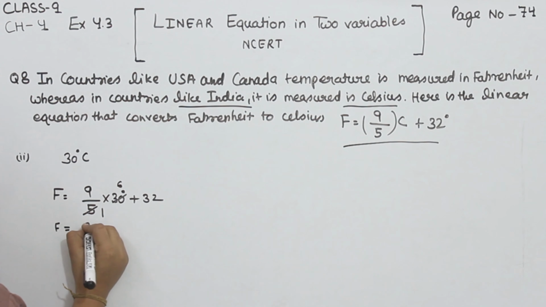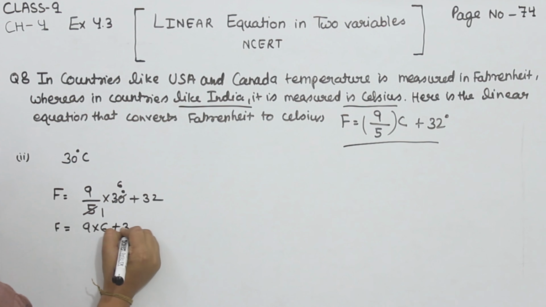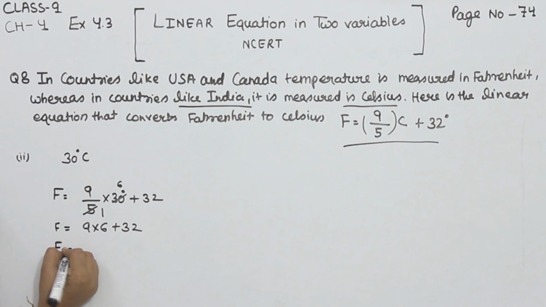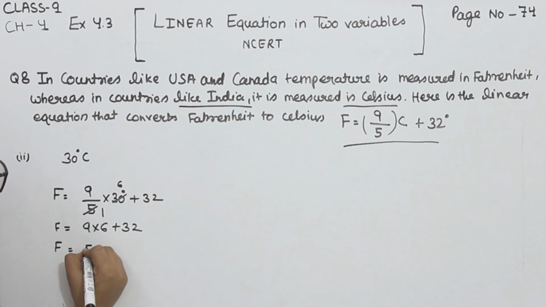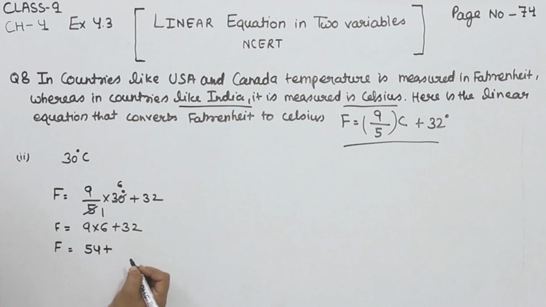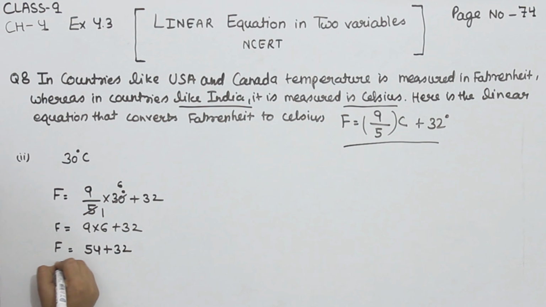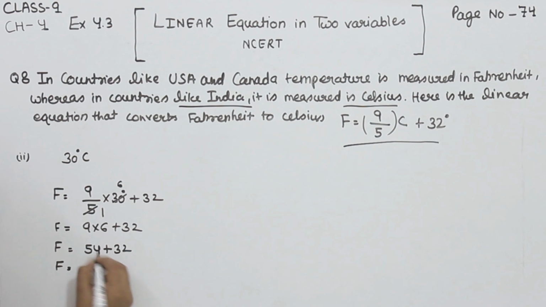Now 9 multiplied by 6 is 54, plus 32. 4 and 2 is 6, and 5 and 3 is 8. So the temperature is 86 degrees Fahrenheit. This is the second part.